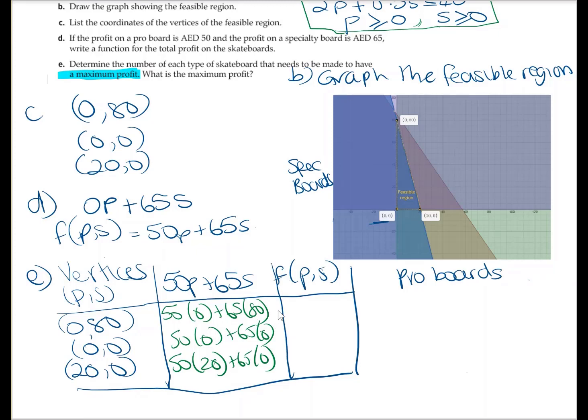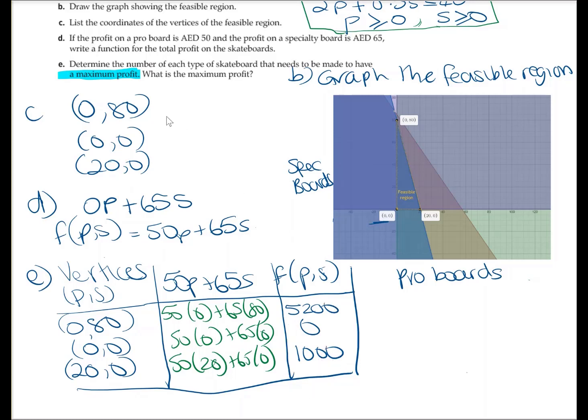Okay, so now we need to work this out. So this is 0 plus 65 times 80, which will be 5,200. And 0 plus 0 is 0. 50 times 20, so that is going to be 1,000.